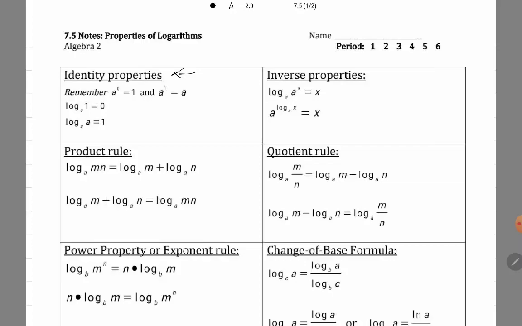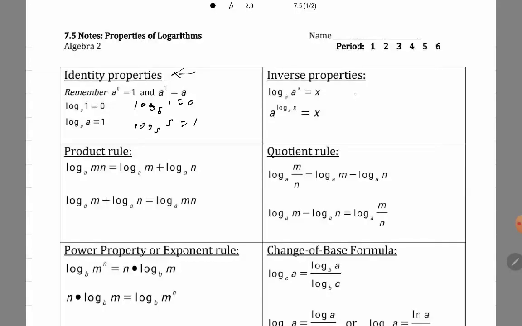So let's do a little bit of examples. For example, for the identity, log base 5 of 1 is 0, or log base 5 of 5 equals 1.